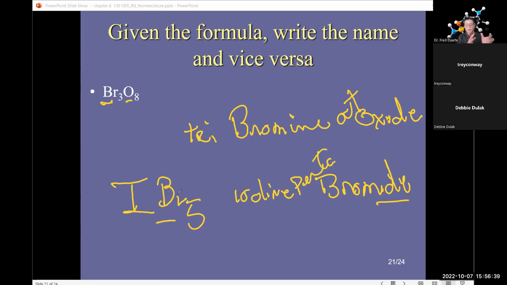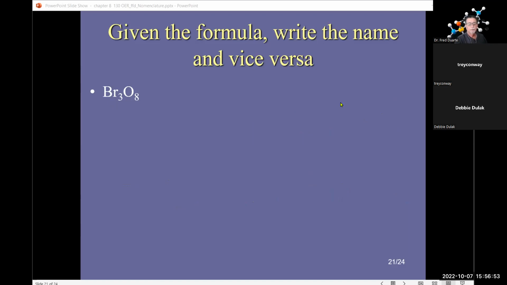Here, bromide is after the central atom, so it becomes bromide. In this example, bromine is one of the central atoms, is written first, so it maintains that bromine. Okay? There's tribromine octaoxide, which should be without the A.